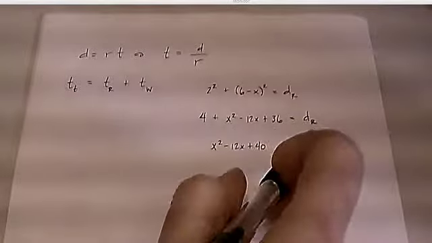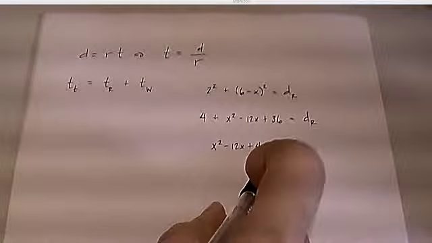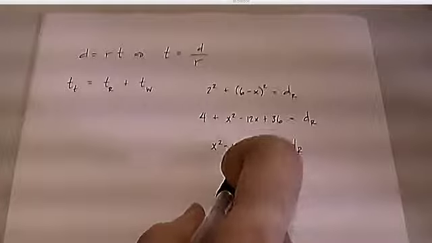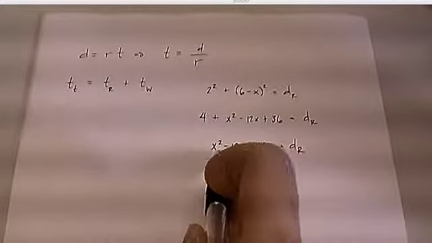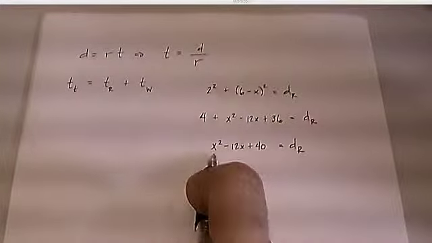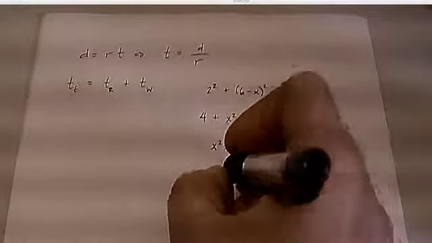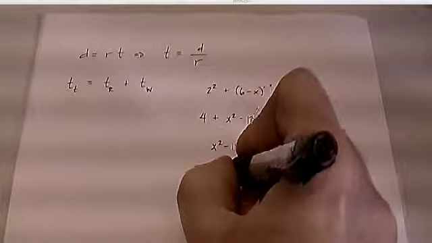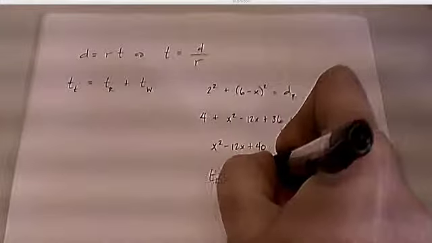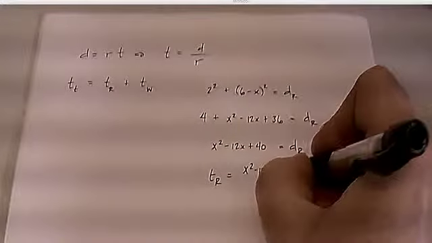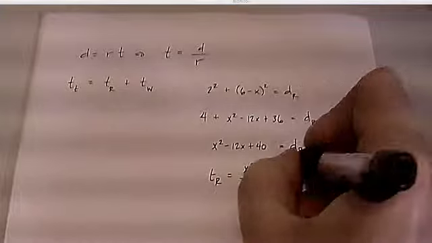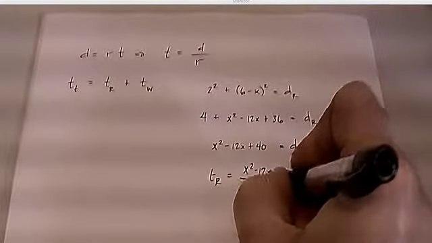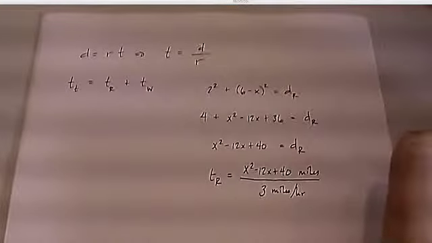Now, I think we understand the scenario here. So I know that d sub r, if he's rowing at 3 miles per hour, this is basically miles, right? So his t sub r is going to be x squared minus 12x plus 40 miles over 3 miles per hour.